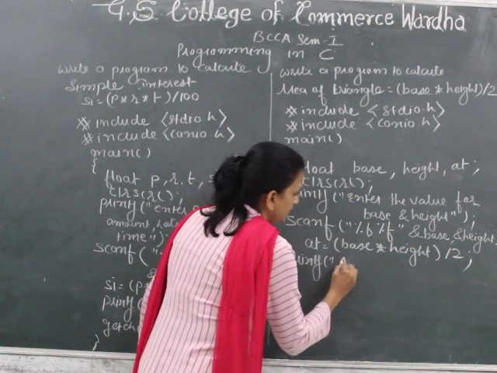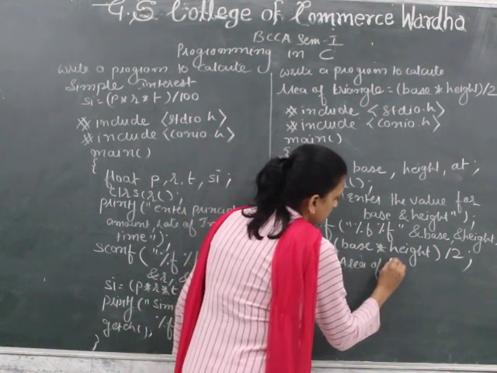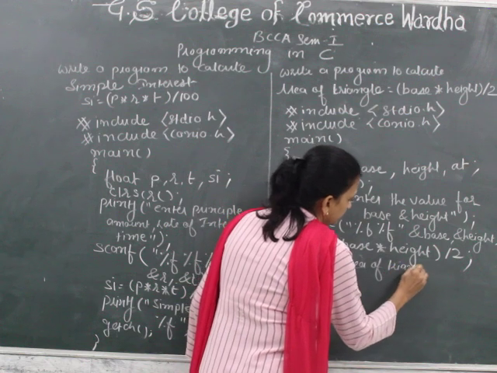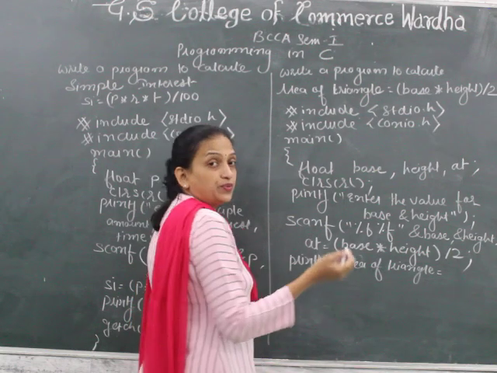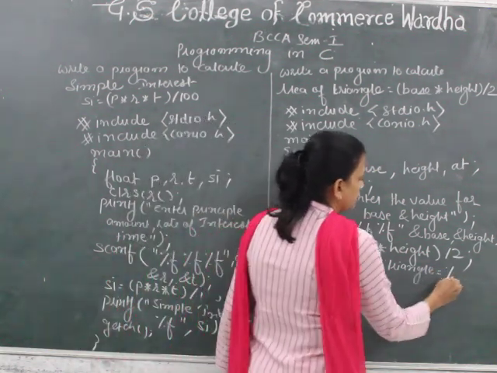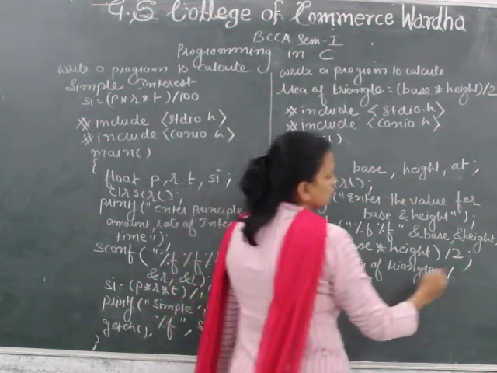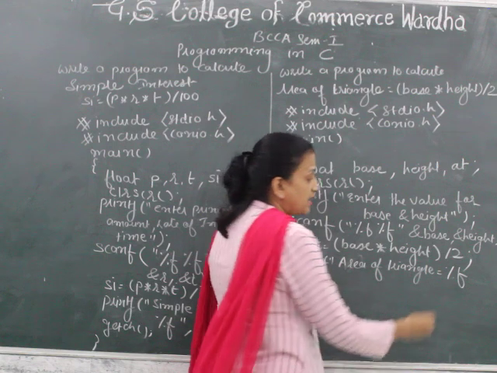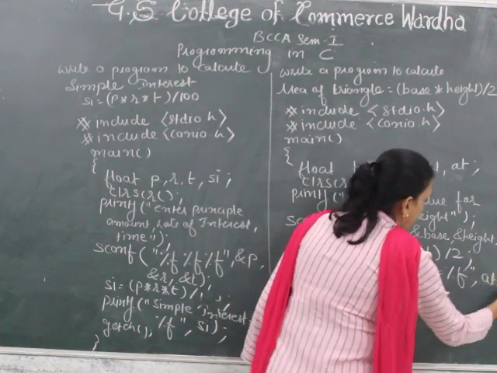Printf area of triangle. This is the message, and after this message we need a value. That value is the area of triangle, which is stored in the variable AT, of type float. So that's why we are using %f, then quotation complete, and AT.